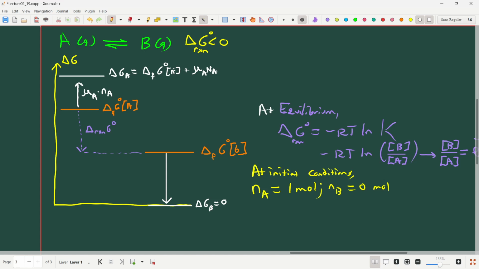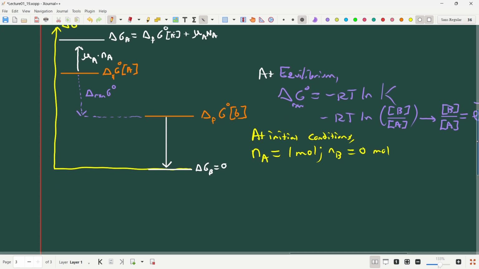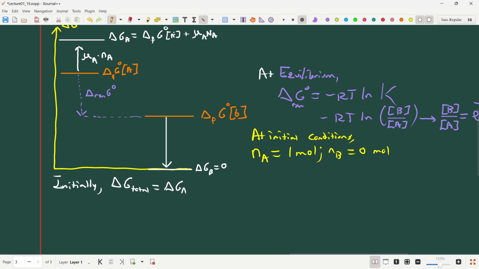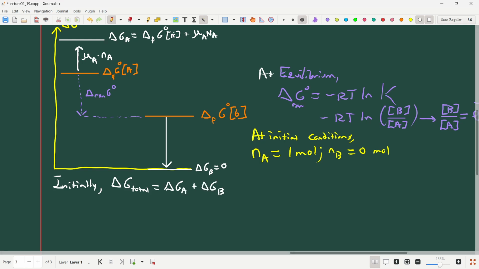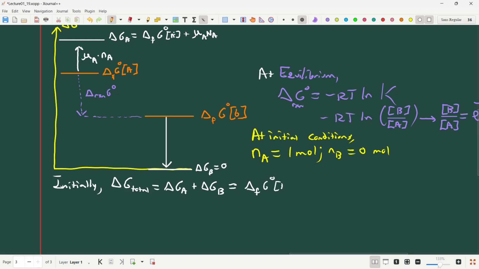Right, so initially the total Gibbs energy of the system is GA plus GB, which is the Gibbs free energy of A plus mu A in A. Right?